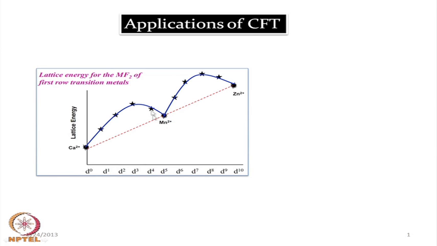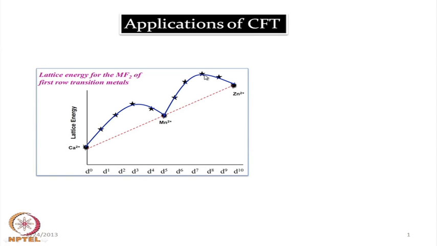So, after d3, when we go to d4, one electron goes to the eg level, and it contributes a smaller amount to the lattice energy compared to the d3 configuration. That is why it is less, and d5 is further less than the d4 configuration.